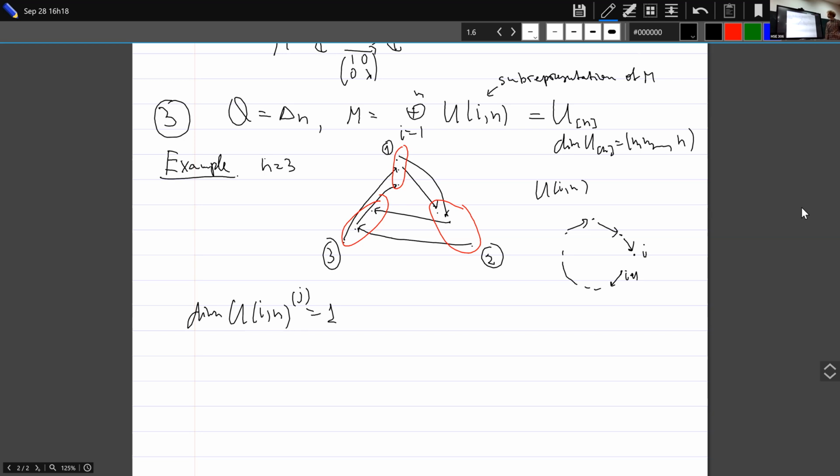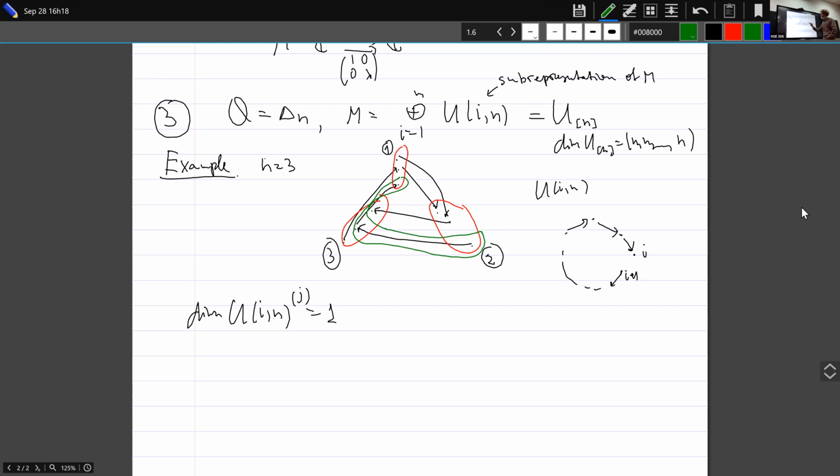Which of them is U_1 and which is U_2? So, for example, let me draw for you U_{1,n}.